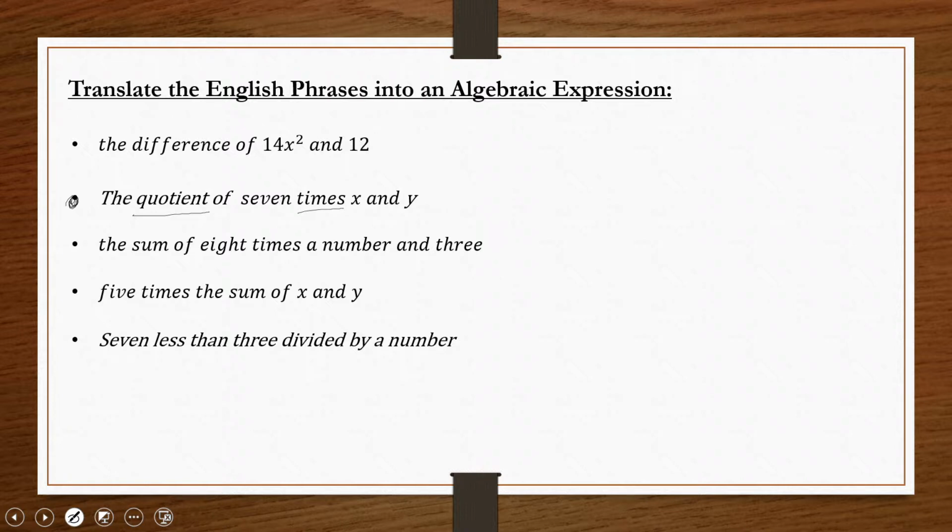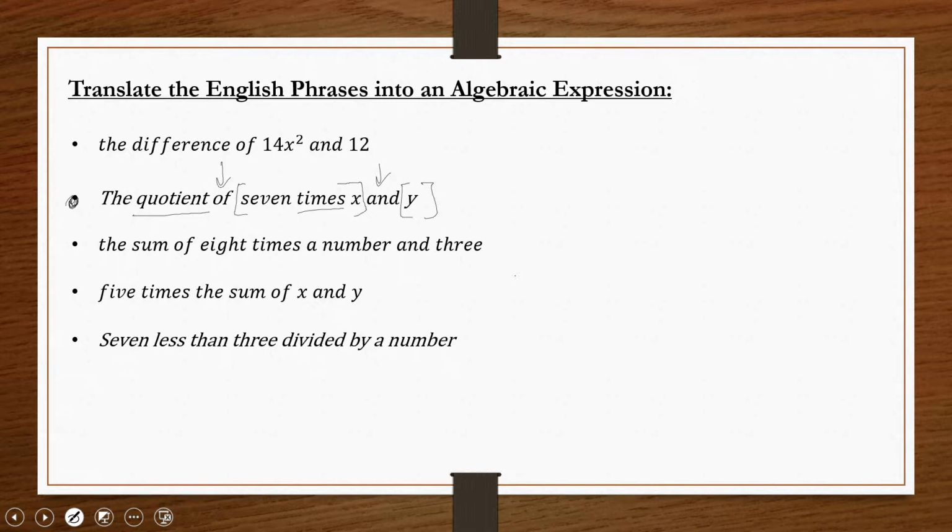Now, the other key phrases, other than the operations that tell me what to perform, are these smaller words of and, right? So the quotient of something and something else. The very first of indicates the initial bit. Of and helps me build the structure of what's actually being performed.